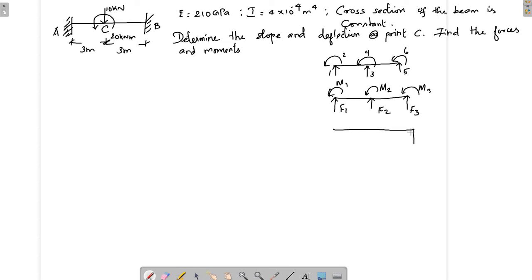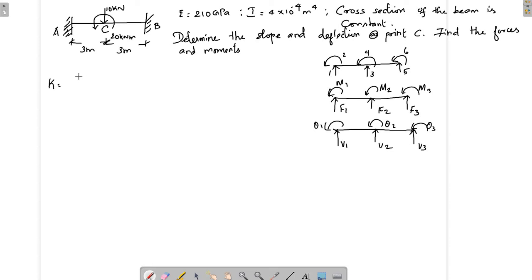The relative displacements and rotations are V1, V2, V3, theta 1, theta 2 and theta 3. That is the rotational components. So we know the stiffness matrix for the beam element.